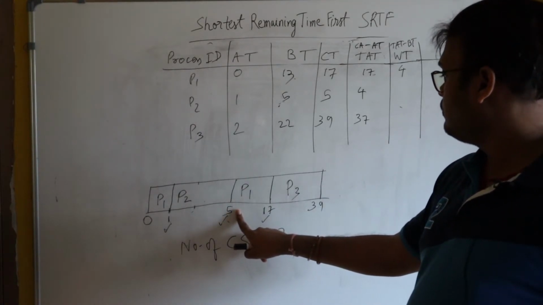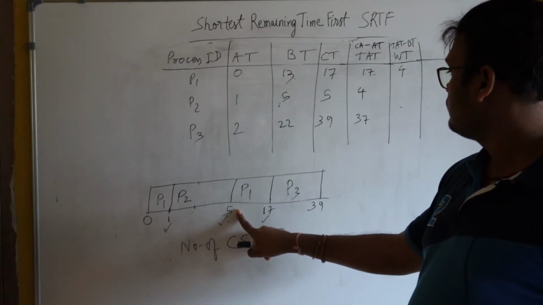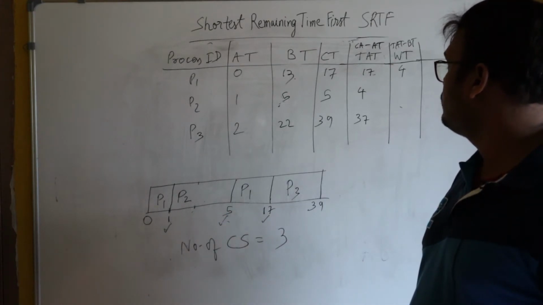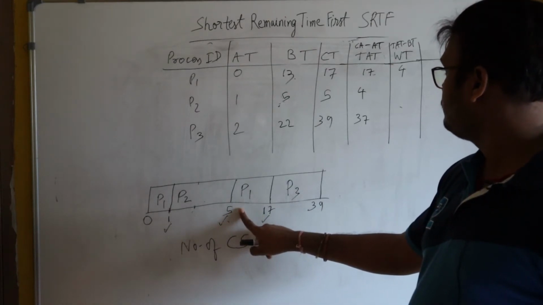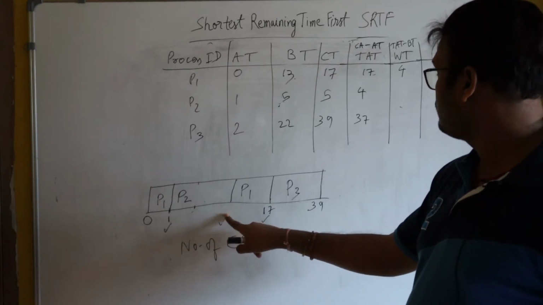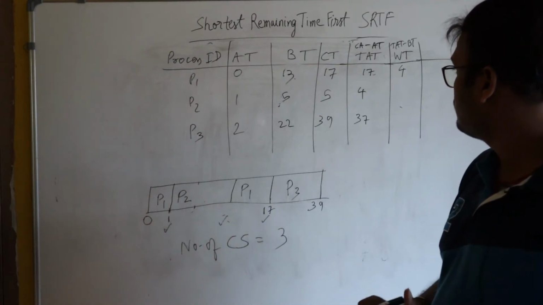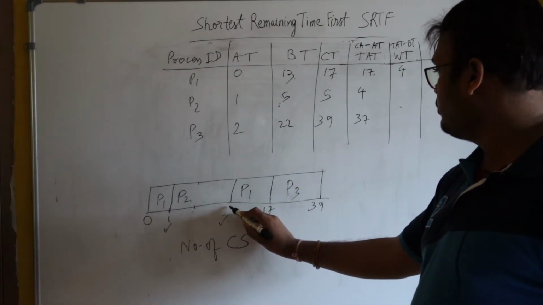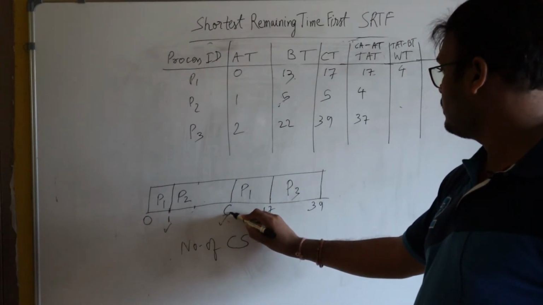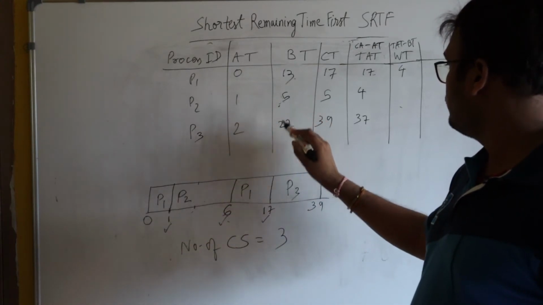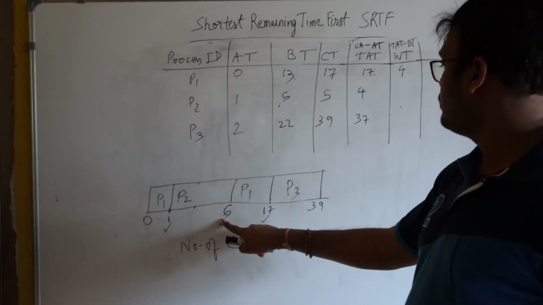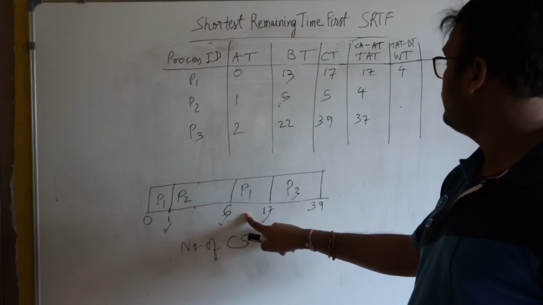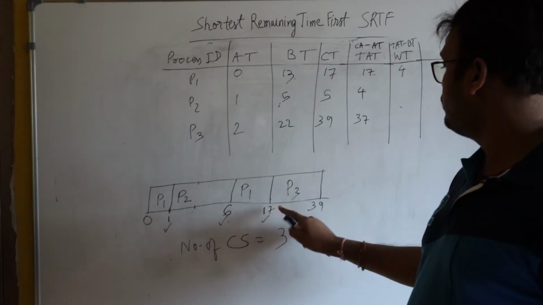So then everything will be changed. Here it will be 1 plus 5 is equal to 6. Then P1 will be again given the CPU, so P1 will execute for 12 seconds.